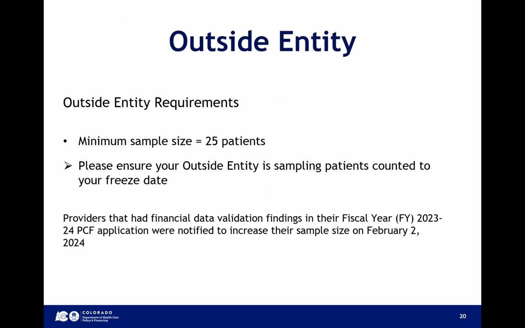Please ensure that your outside entity is sampling patients counted to your freeze date. So again, if your freeze date is February 1st, 2024, make sure that your outside entity is counting the patients to February 1st, 2024, and not just sampling the patients for the calendar year.